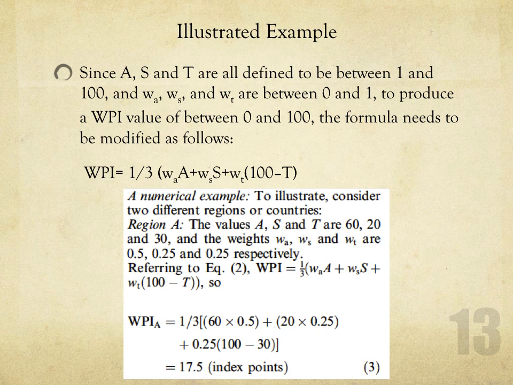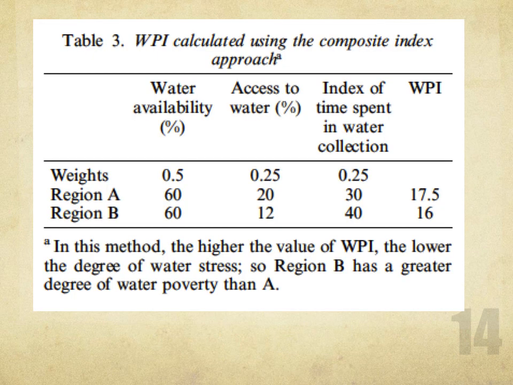That means the water poverty index for region A is 17.5.